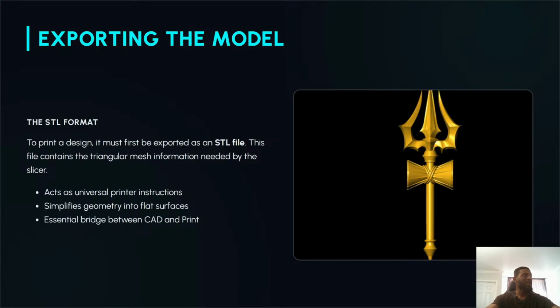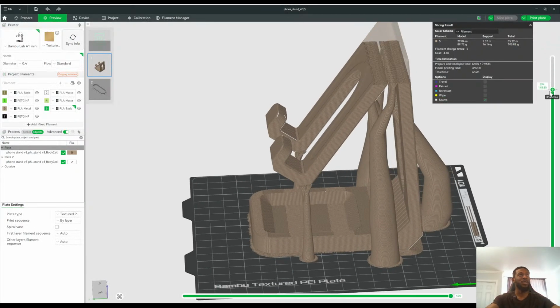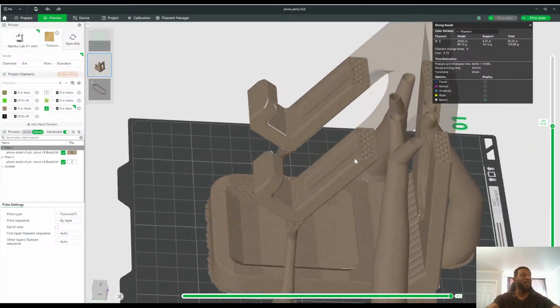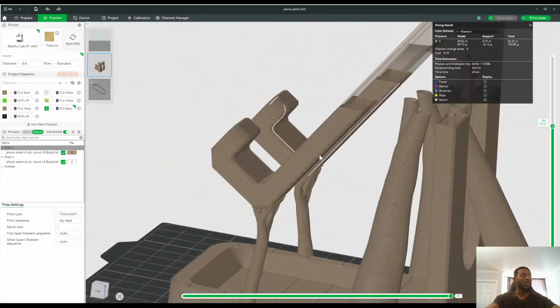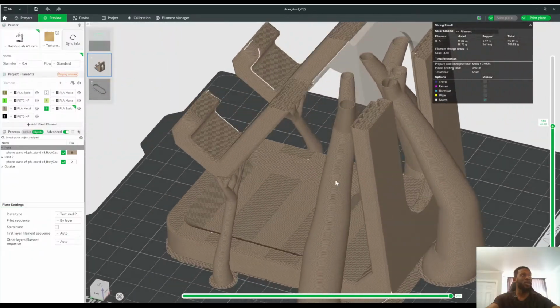To print designs, it must first be exported as an STL file. This file contains the triangular mesh information needed by the slicer. When we say mesh information, if we go back to Bamboo Studio, all of this design is what we call the mesh information.